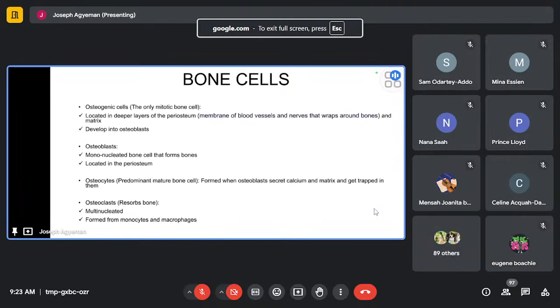So in osteoporosis, one of the possible mechanisms could be that you have an increase or exaggerated osteoclast activity to cause bone resorption. Or you could also have reduced osteoblast activity such that the osteoclastic effect overwhelms that of the osteoblast.